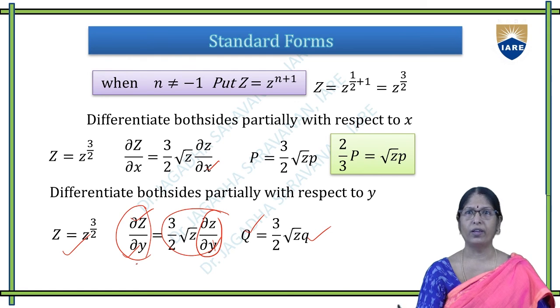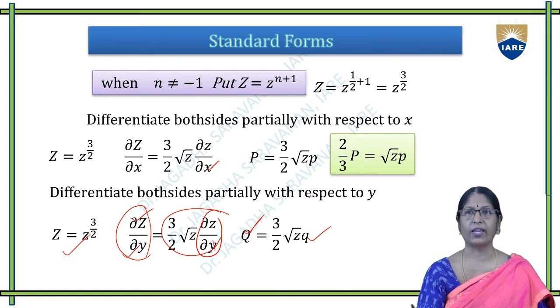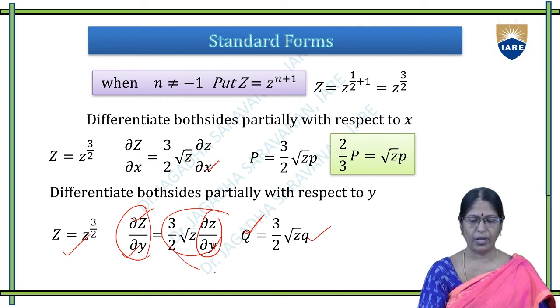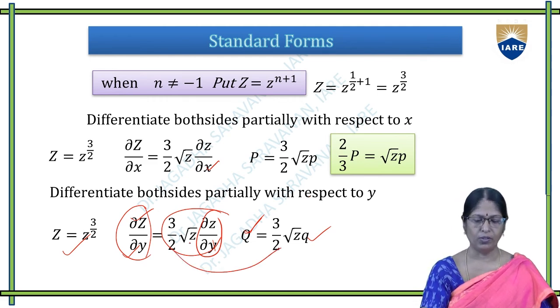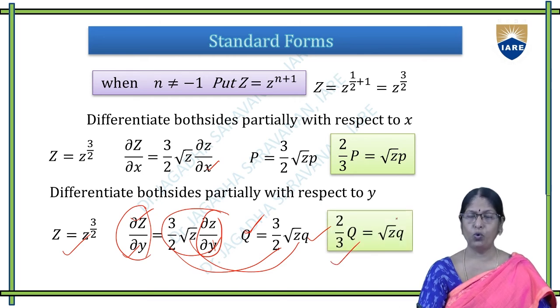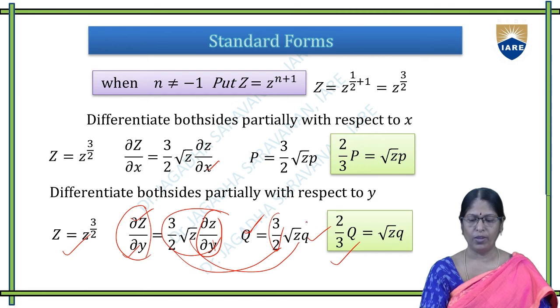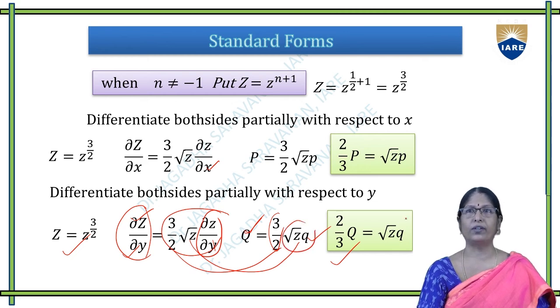In such a way, dou capital Z by dou y is assumed as capital Q. This 3 by 2 as it is, root Z is root Z. So 2 by 3 into capital Q equals root Z q.